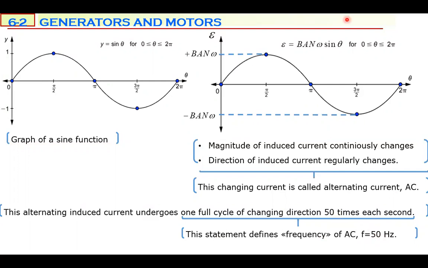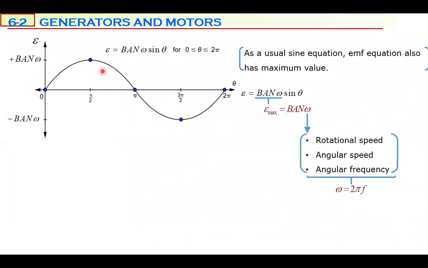As I said, the maximum value of induced EMF is calculated by NBA omega, but instantaneous values are continuously changing. So here is zero, here it is increasing, and then it gets to the maximum, decreases, and zero, increases, and then maximum, decreases, and zero.